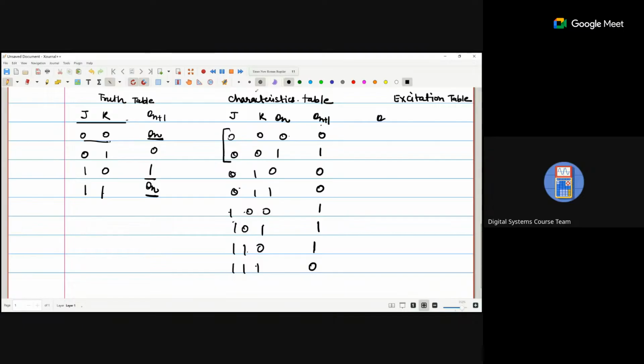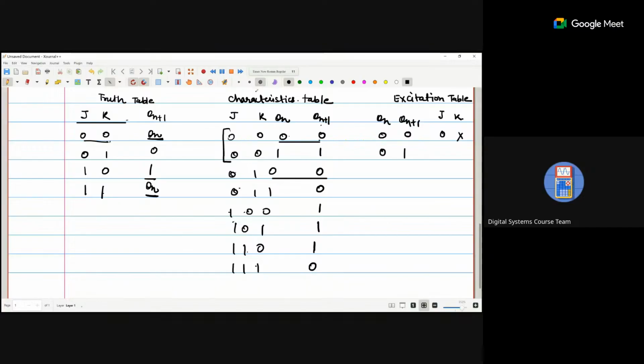Now we assume that Qn and Qn plus 1 are the input and J and K are the output. If we say 0 0, so 0 0 and 0 0, two conditions, so J is 0 and K is variable. So I just say that it is don't care.